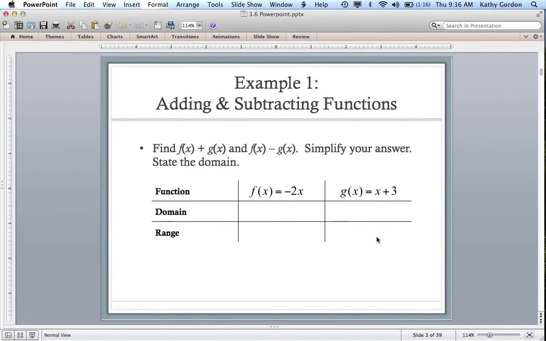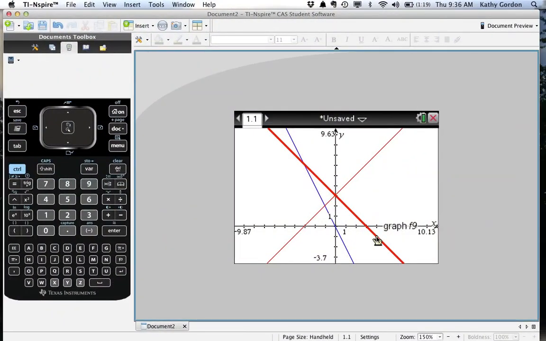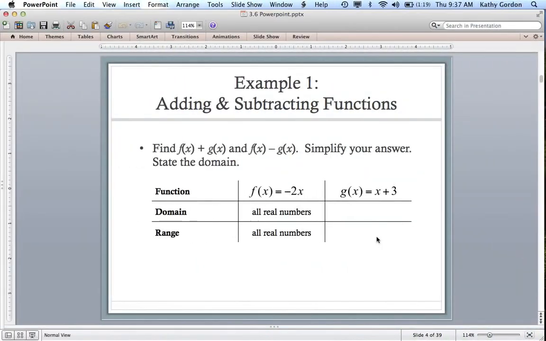Okay, so if we go back here now, if we look at the domain and range of each of these functions, because each of them are linear, and we can tell from our graph, both our domain and our range are going to be all real numbers.